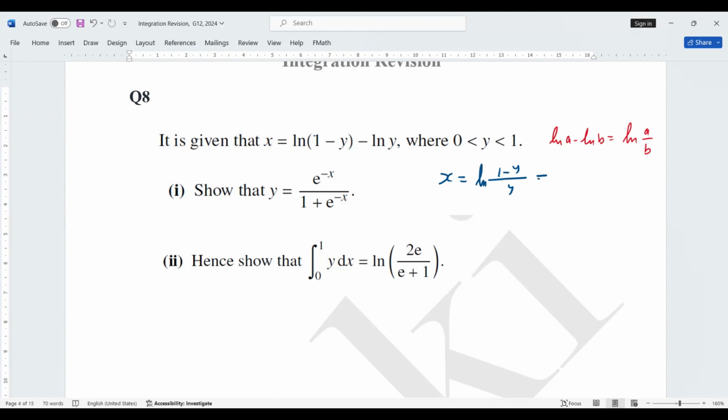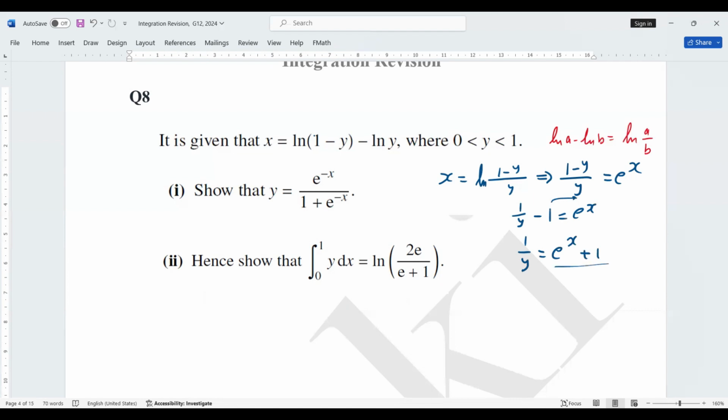Then we can write this as 1 minus y over y equals e power x. Separate 1 minus y, so it's 1 over y minus y over y equals e power x. Shift negative 1 to the other side. So 1 over y equals e power x plus 1.